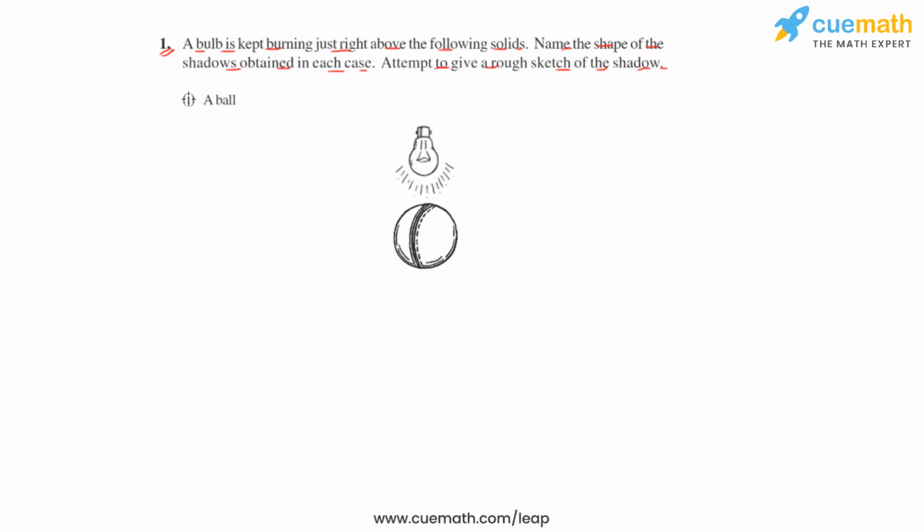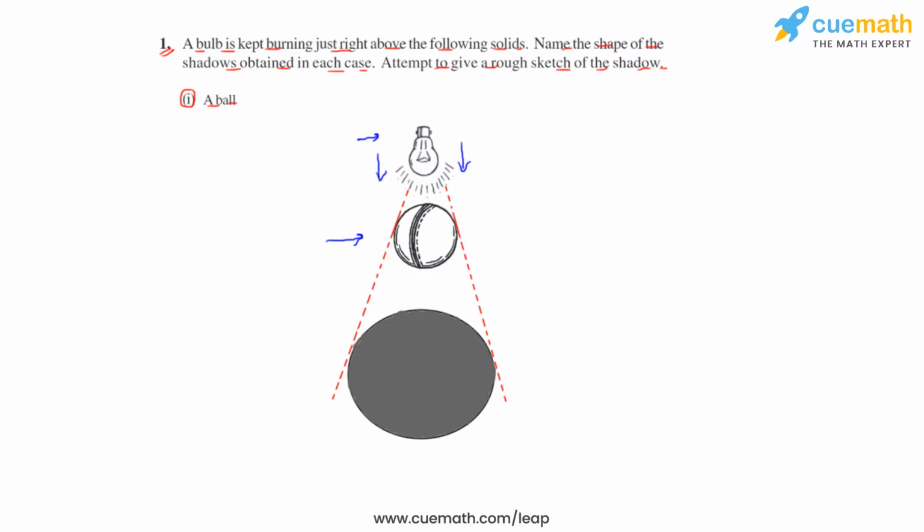So here we have the first solid of the question, which is a ball which is spherical in shape, and if this ball is kept under this lamp in this way and the lamp is glowing from top, so the shadow will be formed in this direction, where this is the shadow which is formed because of this solid being kept under this lamp.